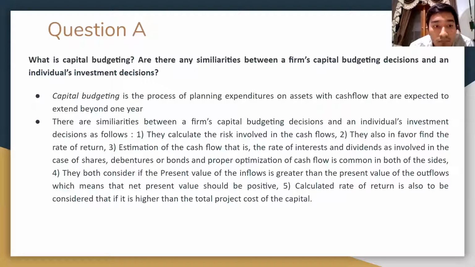Both are considered if the present value of inflows is greater than the present value of outflows, which means the net present value should be positive. The calculated rate of return is also considered, whether it is higher than the total cost of capital.